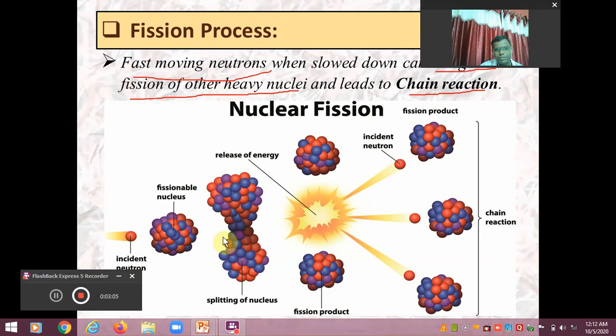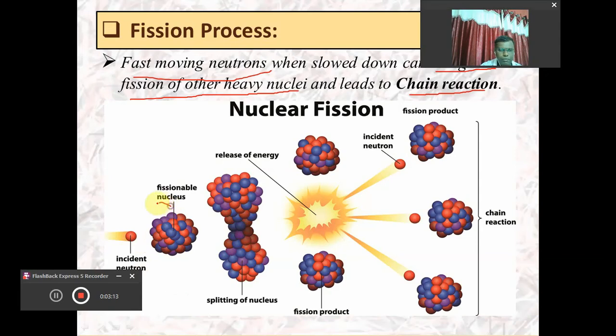Dear friends, this slide indicates nuclear fission, meaning the conversion of a heavy nucleus into smaller nuclei having nearly the same size or mass. Whenever this heavy nucleus is bombarded with a slow neutron, it will break up into more than one part, leading to the formation of smaller nuclei with the formation of a new number of neutrons.